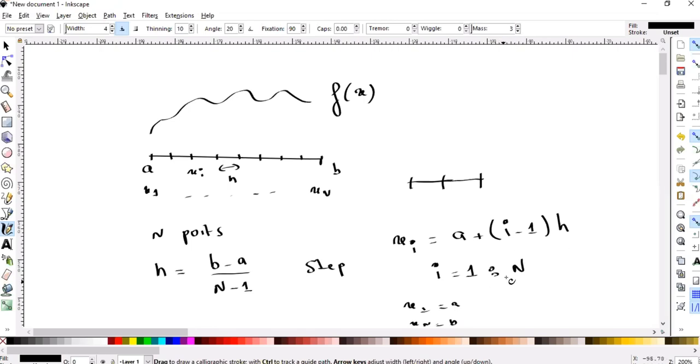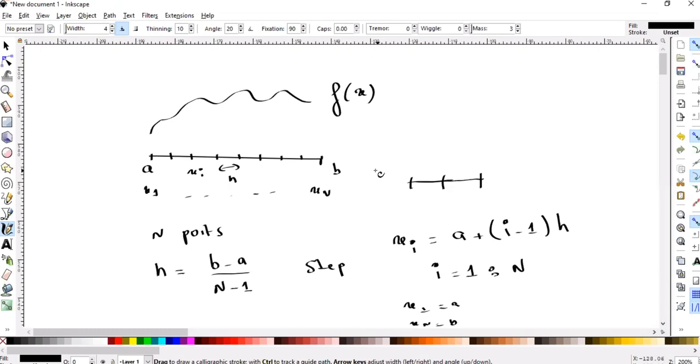If you define it like this, then for i equals 1 you get a, and for i equals n you get n minus 1 times h plus a, which is b minus a plus a, you get b. So this way you define n equidistant points on an interval a, b.